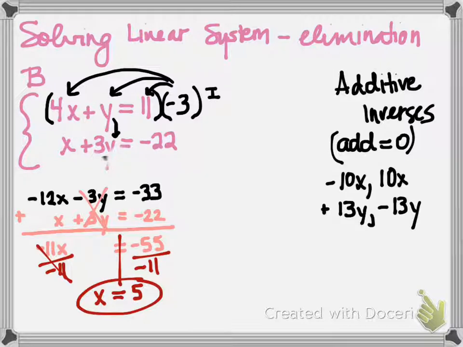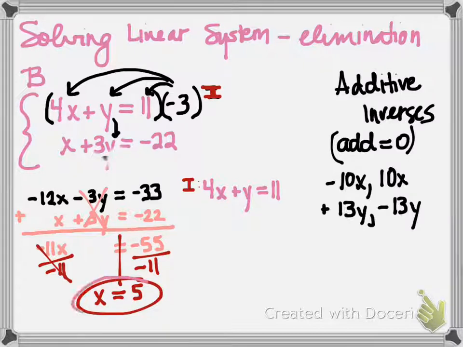So you're going to pick which one of the original two equations you like better. Really, it does not matter to me. Just for fun, I'll pick equation 1 again. Actually, let me change the color of that real quick. My bad. 4x plus y equals 11.